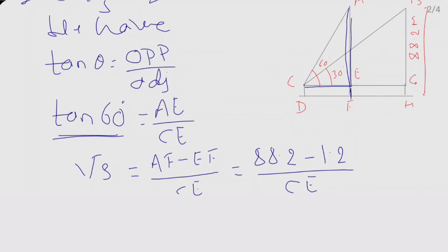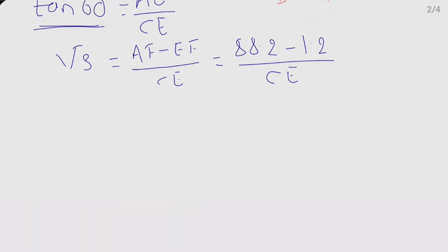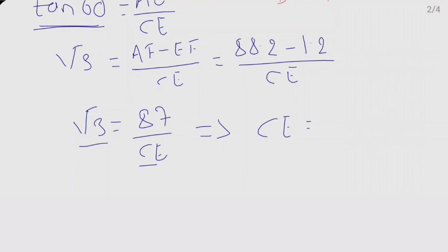And now here root 3 equals 88.2 minus 1.2, which is 87, divided by CE. CE comes to the LHS side, it becomes a multiplication, so CE equals, and root 3 comes to the RHS side, it becomes a division, 87 by root 3.